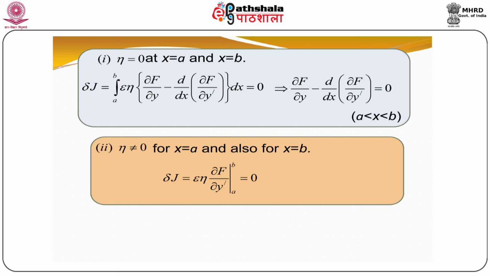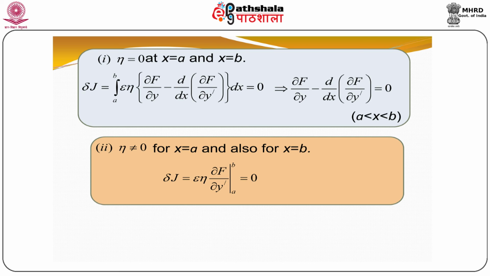Consider the third figure. Here both curves meet at the lower end but not at the upper end. So, eta equal to 0 at x equal to a, but eta not equal to 0 at x equal to b. Using the Euler Lagrange equation, the integral on the right hand side of 8.13 vanishes in the same fashion.